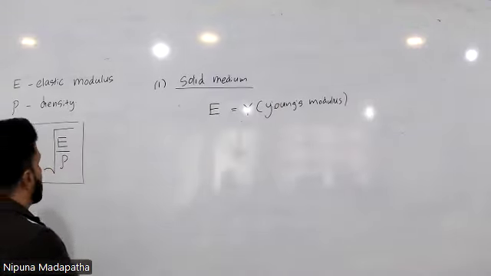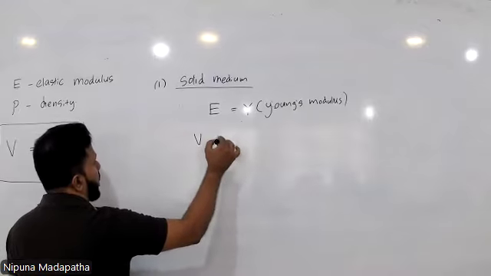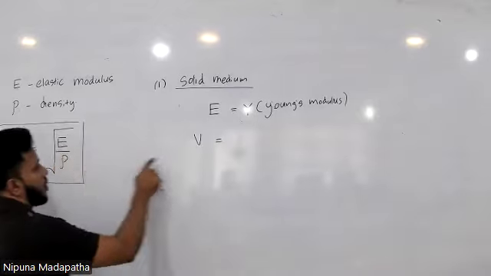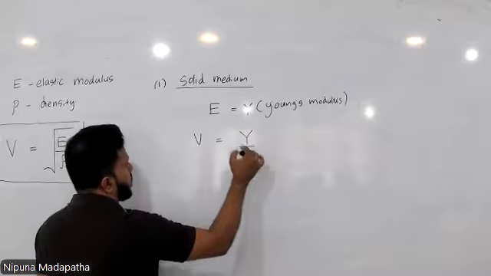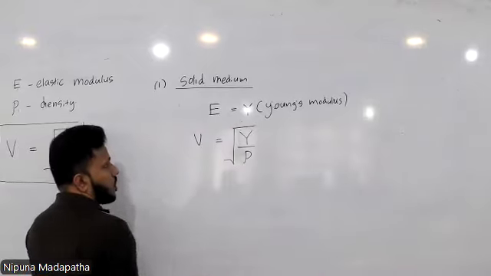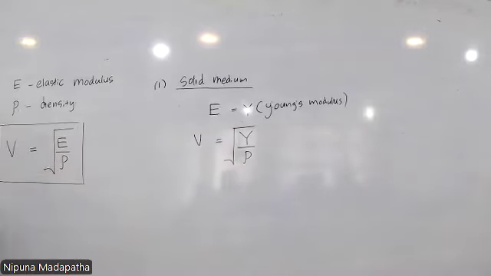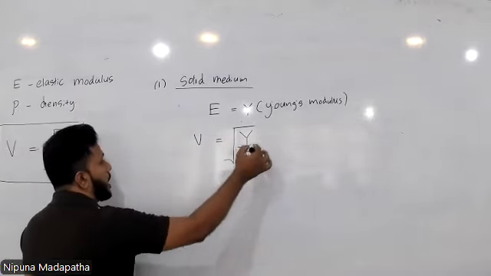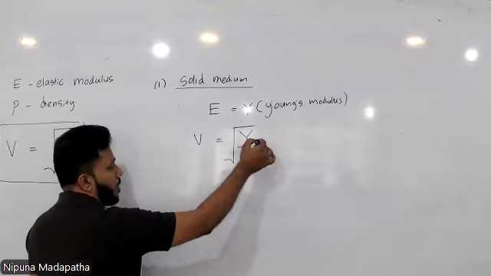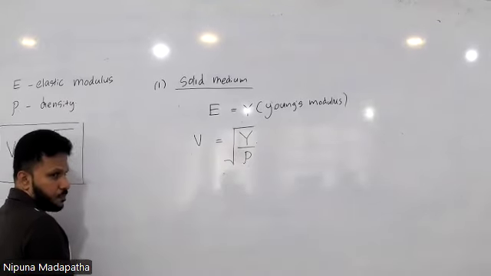Right? So you can write the expression again by replacing the elastic modulus with Young's modulus. So you can write it as square root of Y divided by rho. For solid mediums, the speed of longitudinal wave is given by square root of the Young's modulus of the medium divided by density of the medium.